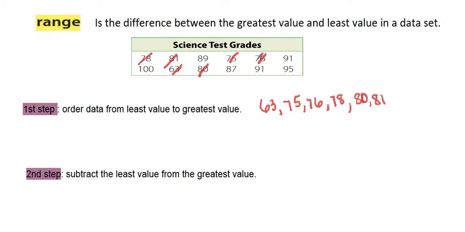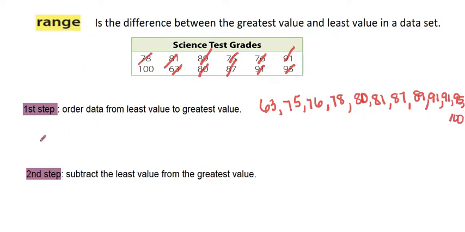There's my 80 I missed. We have 87. We have 89. I have 91. I have another 91. 95. I'm going to have to rewrite this. And 100. And 100. Okay.